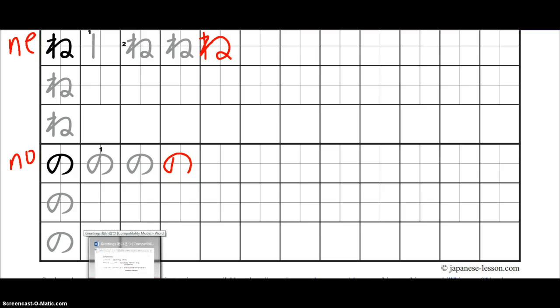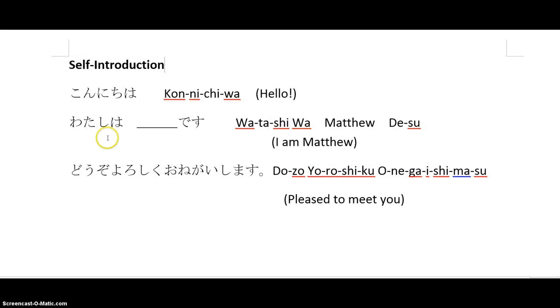Now before we end this session today on Hiragana practice, I think it's also good if I were to teach you some basic self-introduction. So this will be handy if you get to meet someone for the first time, be it a Japanese friend, or someone who can speak Japanese and you want to introduce yourself. You can always start by saying konnichiwa. Okay, so this is the Hiragana.